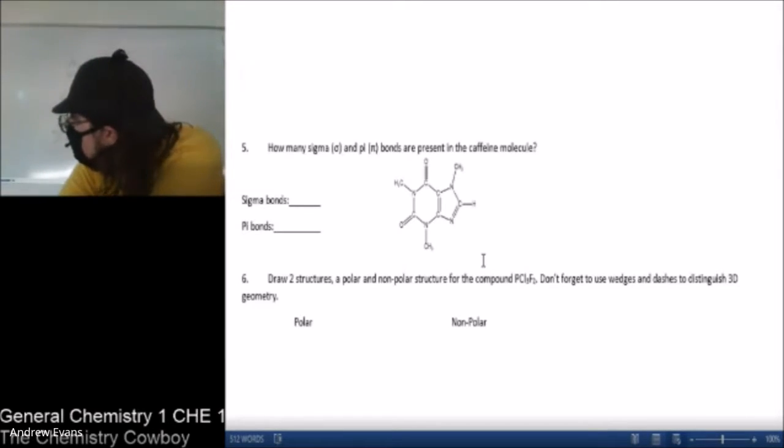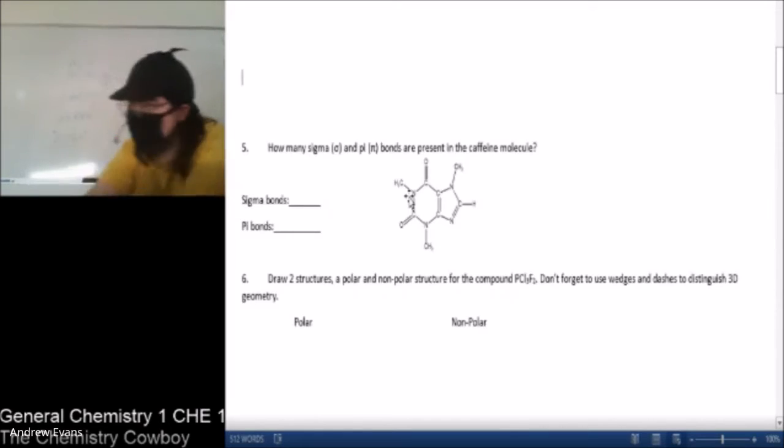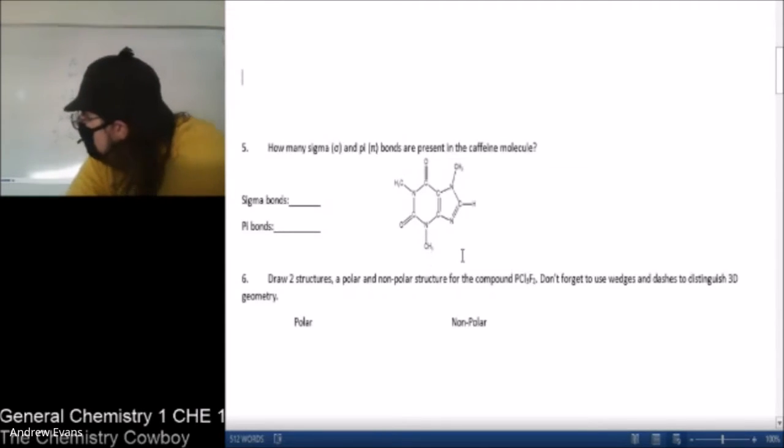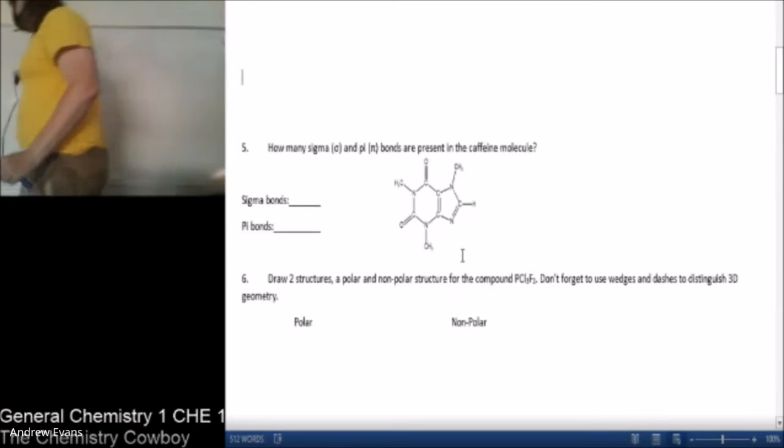Sigma bonds, you count all the bonds once. Once you've done that, that is your number of sigma bonds. Let's look at the shown bonds: 1, 2, 3, 4, 5, 6, 7, 8, 9, 10, 11, 12, 13, 14, 15, 16. And then we have the understood bonds, which are the CHs.